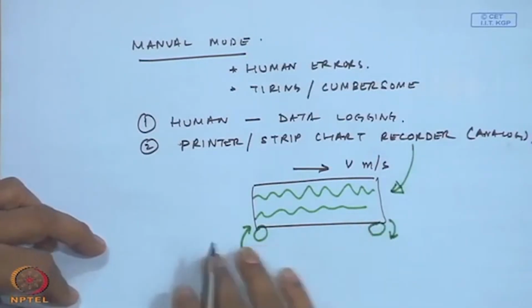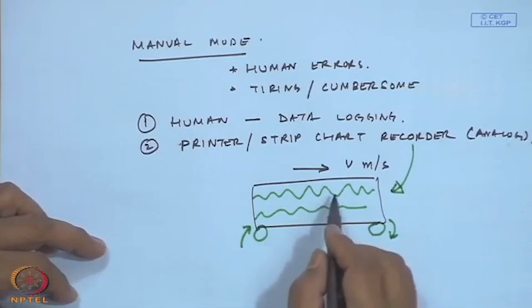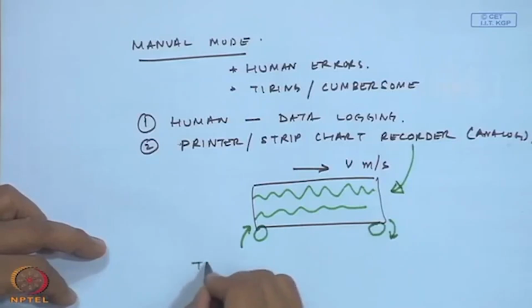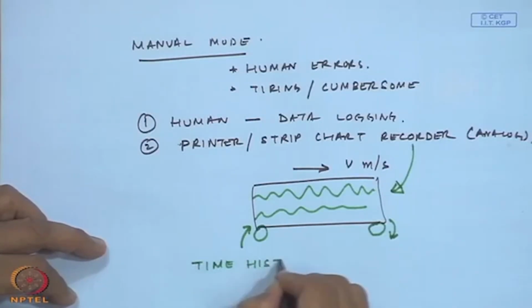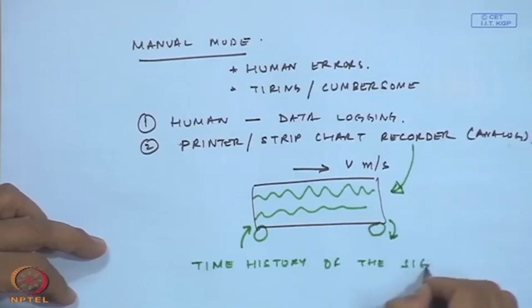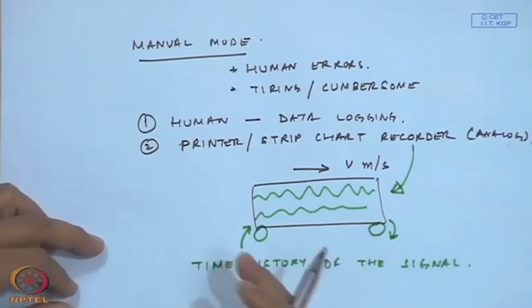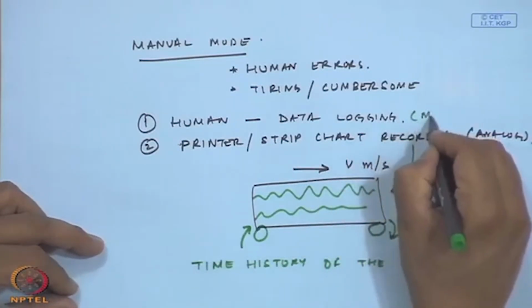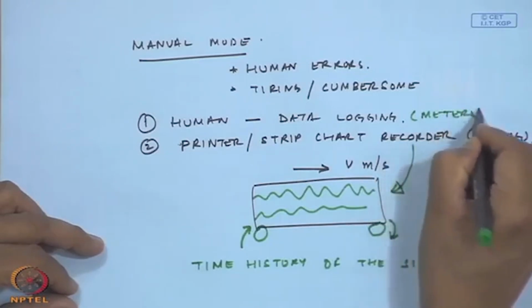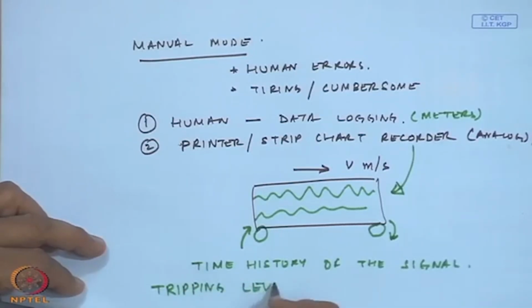People used to have such large rolls of data, wherein we can look into the problem and get basically a time history of the signal by looking at the strip chart recorders. And some of these data logging meters used to have trip set, tripping levels or alarm levels, preset.